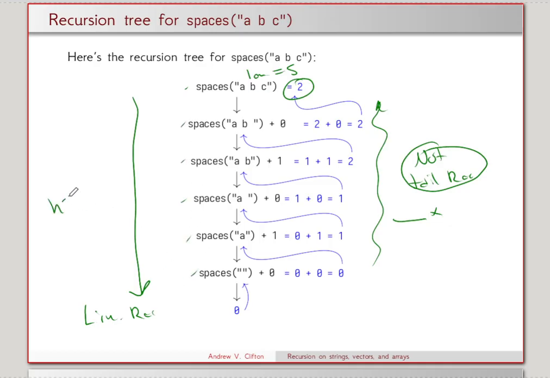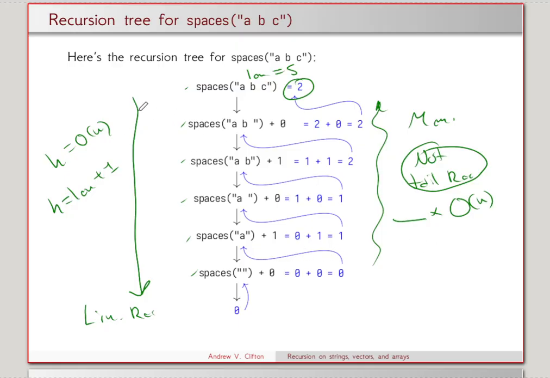So the height of the recursion tree is the original length plus 1. Which basically just means the height is O of n in the length there. So when we do the memory analysis, we're going to multiply the base memory times O of n.